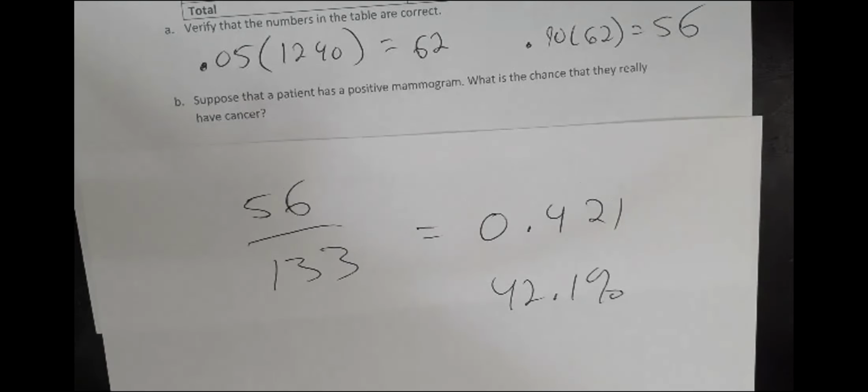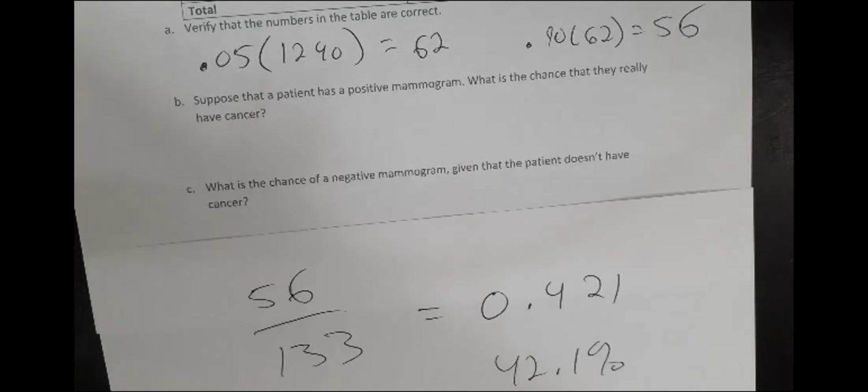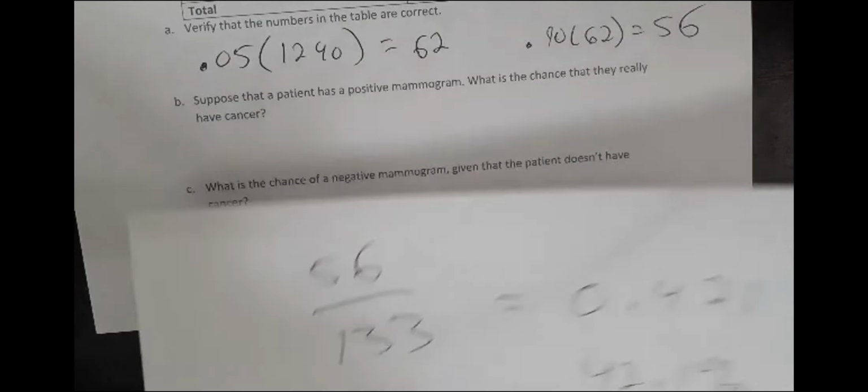So suppose you have a positive mammogram, what's the chance you really have cancer? There's only like a 42% chance that you have cancer. So there's actually probably a larger chance that you don't. So then again, this goes back to that thing. Why are they even taking a test if it's not that accurate? Because you're going to take another one. And it's better at rejecting people that don't have it than it is at telling you that you do have it, right?